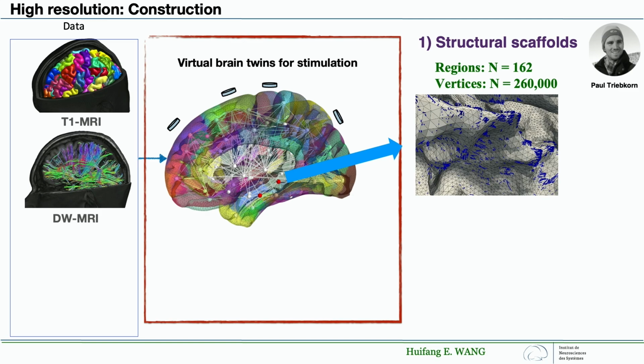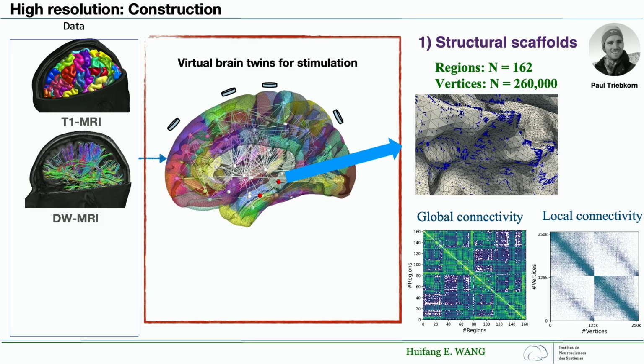We construct all these vertices, about 260,000 vertices for the whole brain. This geometry of the brain comes from the patient's T1 MRI scan. So we reconstructed it, and then we introduced diffusion MRI to get the whole brain network modeling between the different nodes, different brain regions.